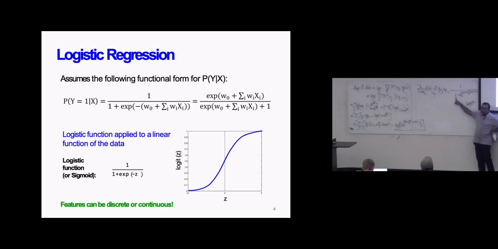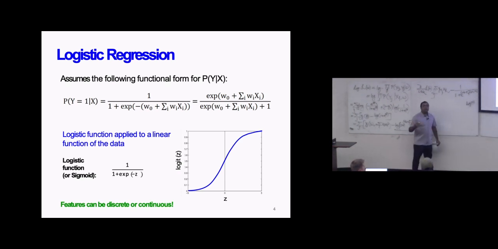What is the derivative of 1? 0. What is the derivative of e to the power x? The exponent times e to the all that stuff. So e to the power x derivative is e to the power x, and then you again apply the chain rule, so e to the power w0 plus sum of wixi, and then you are taking a derivative with respect to wk.